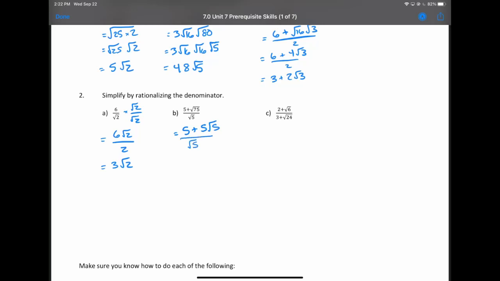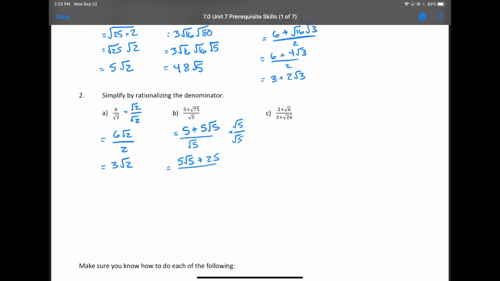And this is still over root 5. And now what I'm going to do is the same trick that I did in A. I'm going to multiply top and bottom by root 5. And what that'll give me on the top is 5 root 5 plus 5 times root 5 times root 5. Well, the two root 5s go together to make 5, and 5 times that is 25.